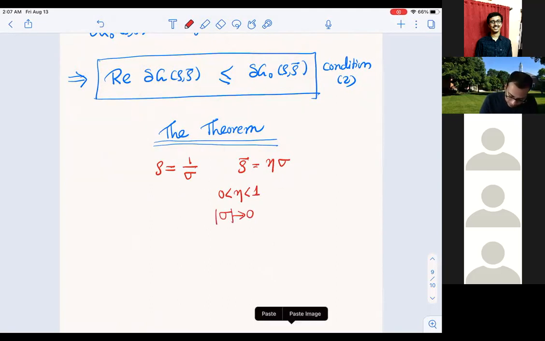But I make sigma complex. The condition 2 over here is for real sigma.